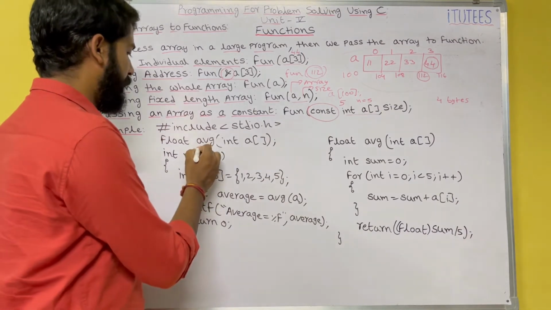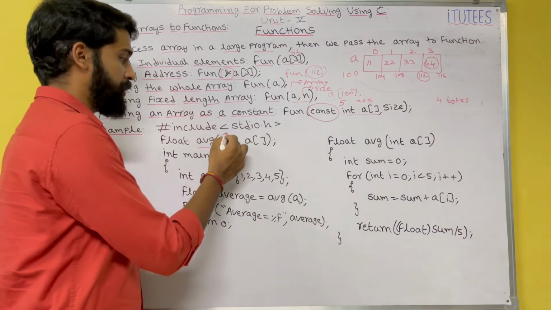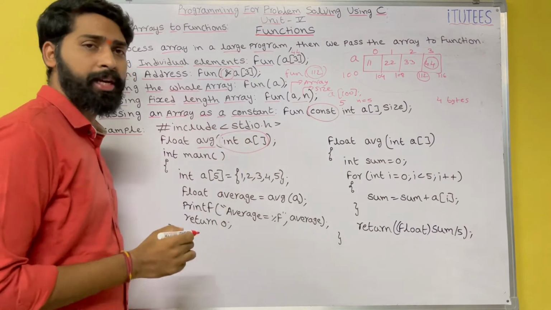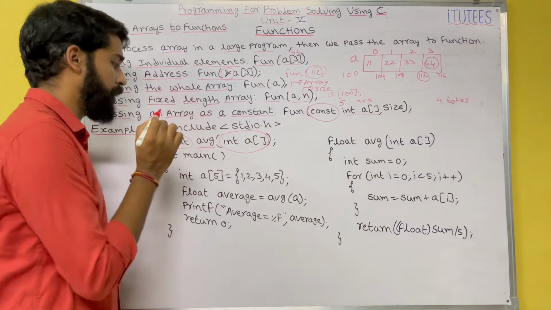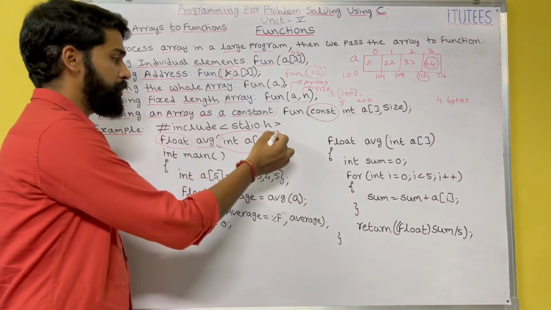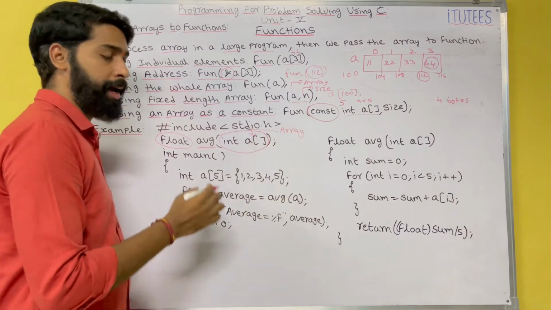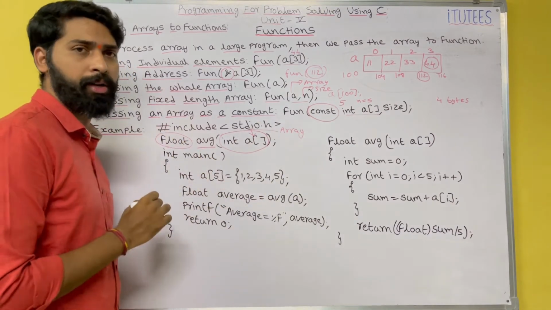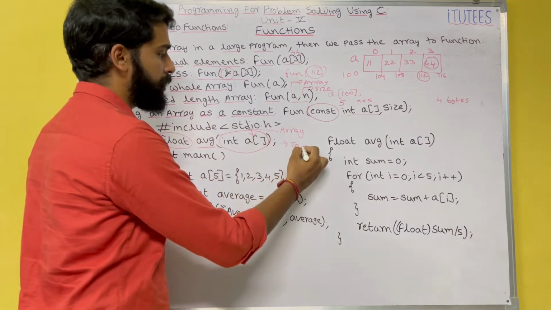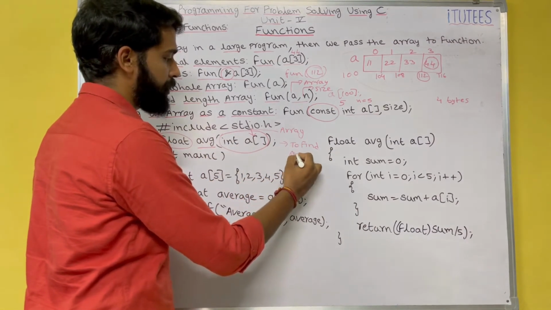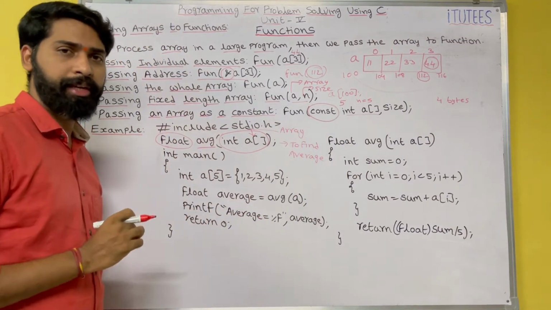Now we see one example program of how to pass an array to a function. Here I define a function avg. It accepts an array as a parameter and returns a float number to the calling function. The purpose of this function is to find the average of the numbers in the array.